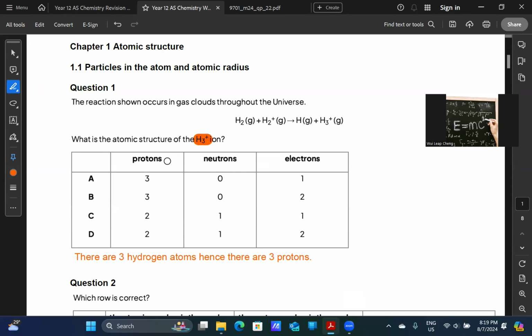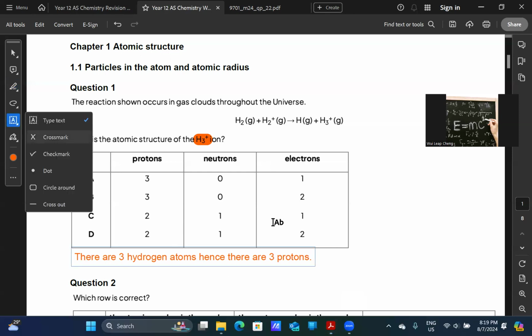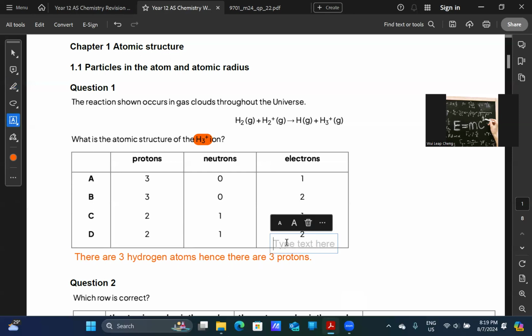Okay, now for this ion, the charge carried by this ion is 1 positive. As you know, 3 protons contain how many positive charges? 3 protons contain 3 positive charge.